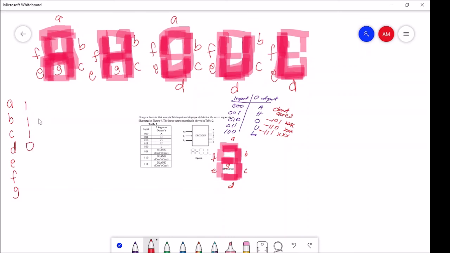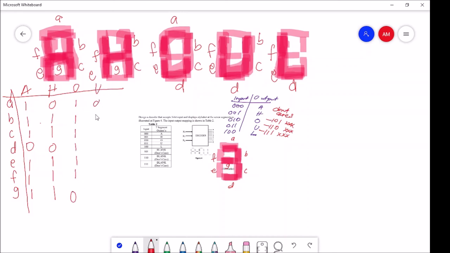Now we will sort the output according to A, B, C, D, E, F, G. For each segment that displays a part of the letter, it will produce an output 1. If not, put 0.